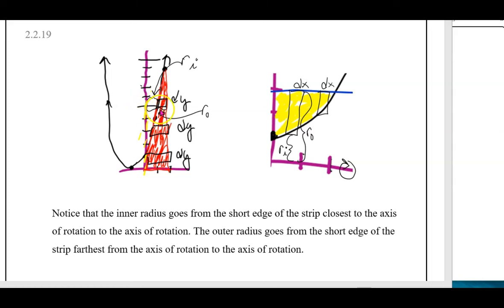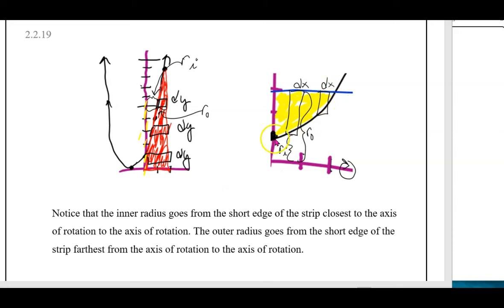What about the outer radius? The outer radius again comes from the axis of revolution to the farthest end of the strip. That would be from here to here, or from here to here. For the disk method, that is what we called the outer radius, or the radius. So basically, the disk method is the washer method, where the inner radius is simply 0.